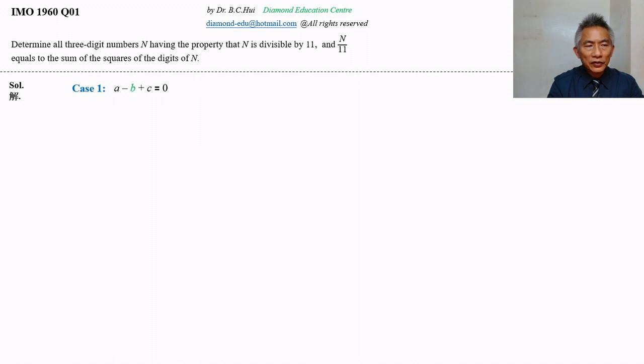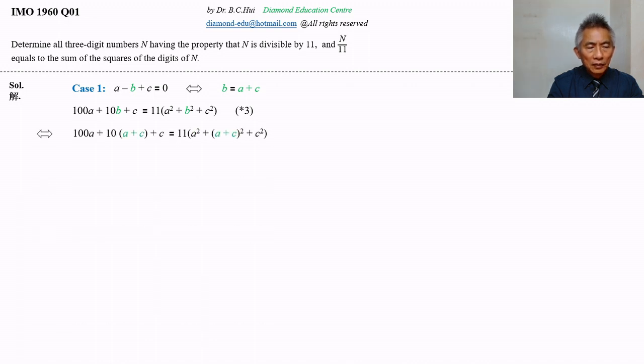So we consider the first case, which is b equals a plus c. We put this equation into equation number 3. So b becomes a plus c, and we expand it out and further simplify.